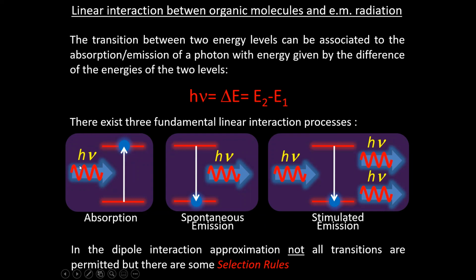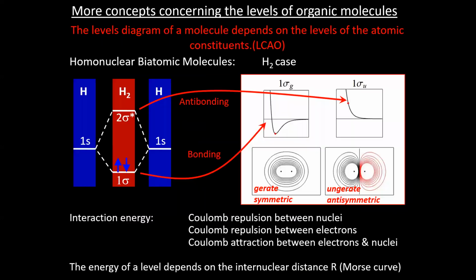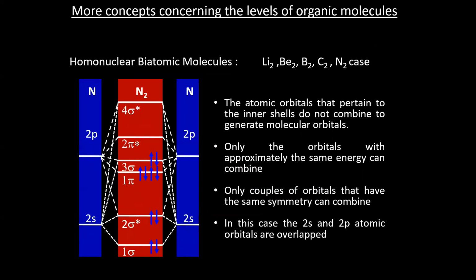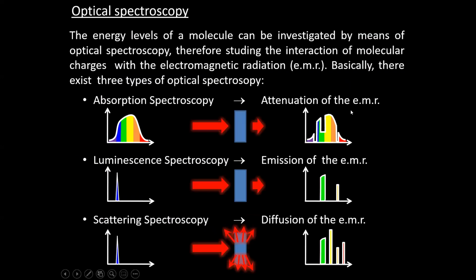So when light is sent on your molecule and it has the right frequency, it can be absorbed by the molecule. And then the molecule, once it has absorbed, can either re-emit light or it can dissipate the energy. So in the transmittance spectrum, you will miss the light at the frequency that has been absorbed. Okay, so you will see some holes in the transmitted spectrum.